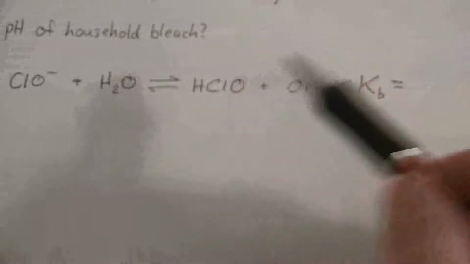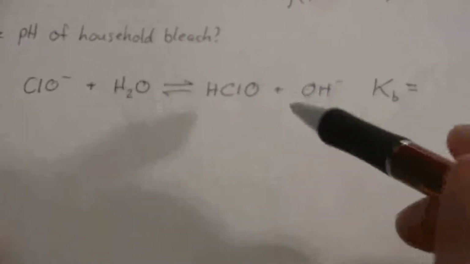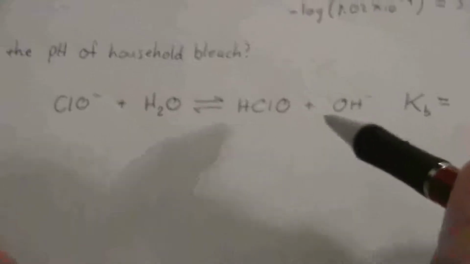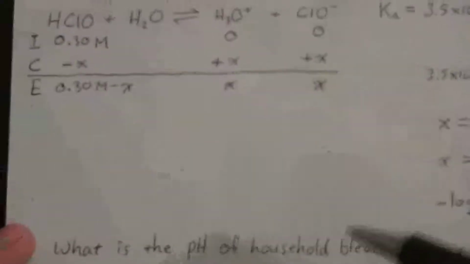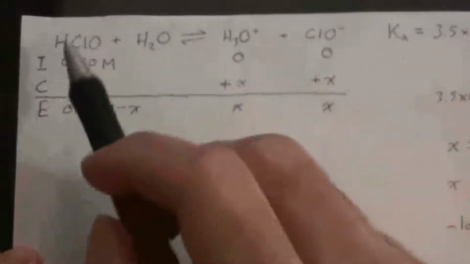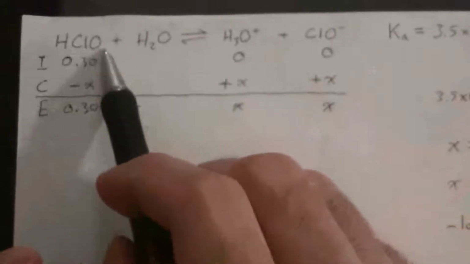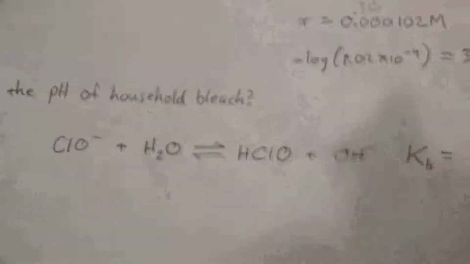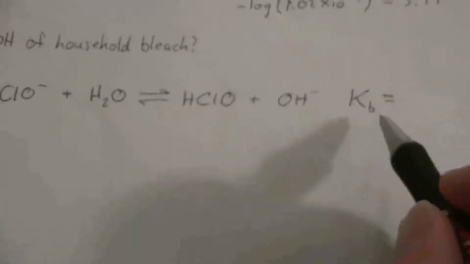This goes back to a previous video. We used the example of hypochlorous acid, and we had its Ka, which was 3.5 times 10 to the negative 8th. Now we want to find the Kb.